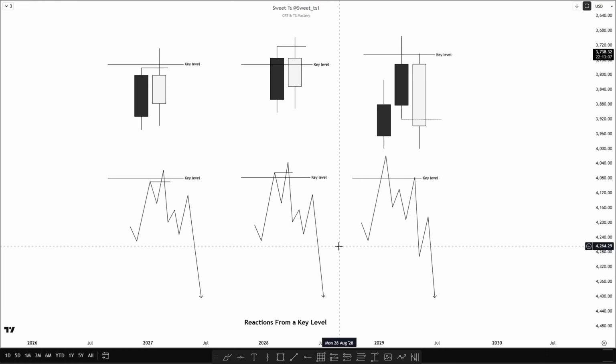So marking the key level is a skill by itself, same as trading the key level. It requires proper knowledge of market profiles and the phases of price, and of course the aspect of time.